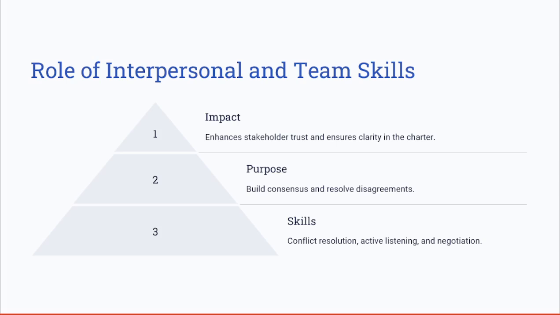Some of the skills involved include, as we mentioned, conflict resolution, also active listening, and negotiation. That will impact the project, enhance the project stakeholders' trust, and ensure clarity on the project charter.